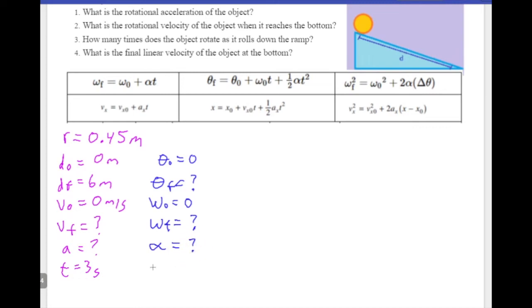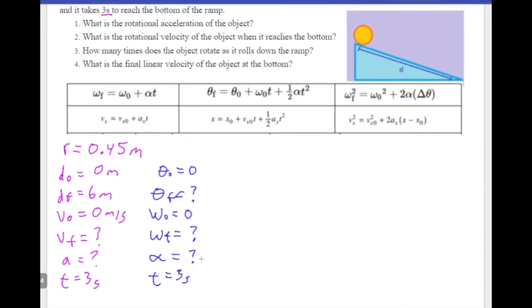And then we have time, which is still just 3 seconds. If we look at all of our variables, we can see that we're going to have to start with linear kinematics in order to solve for stuff, and then convert it over to rotational. So let's start using our linear variables, and we're going to solve for acceleration first.